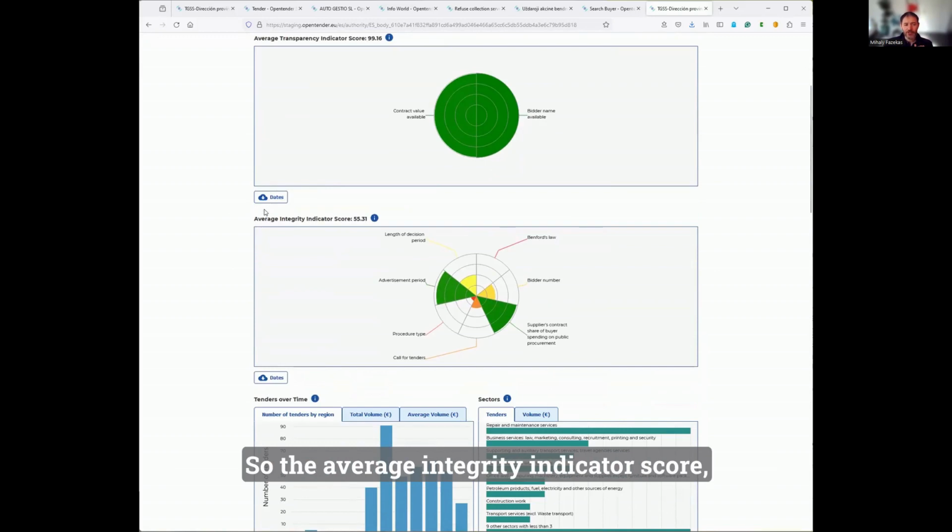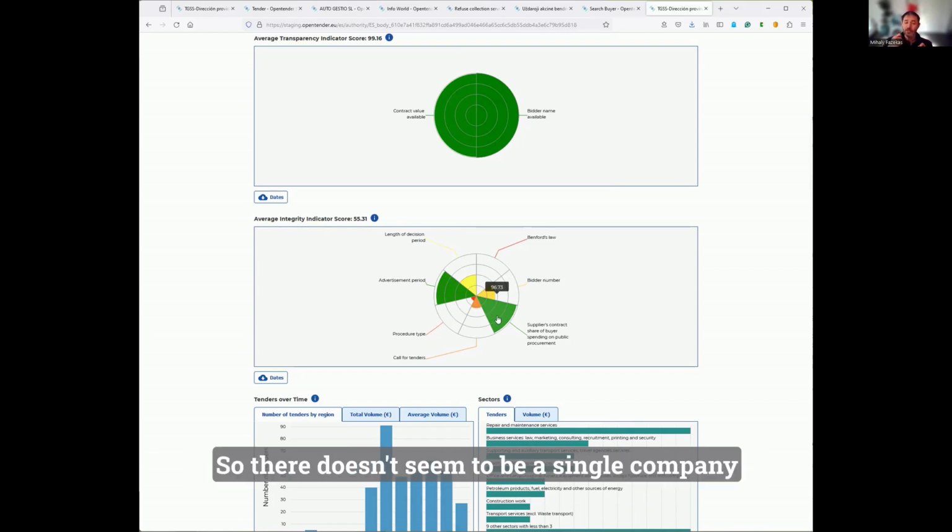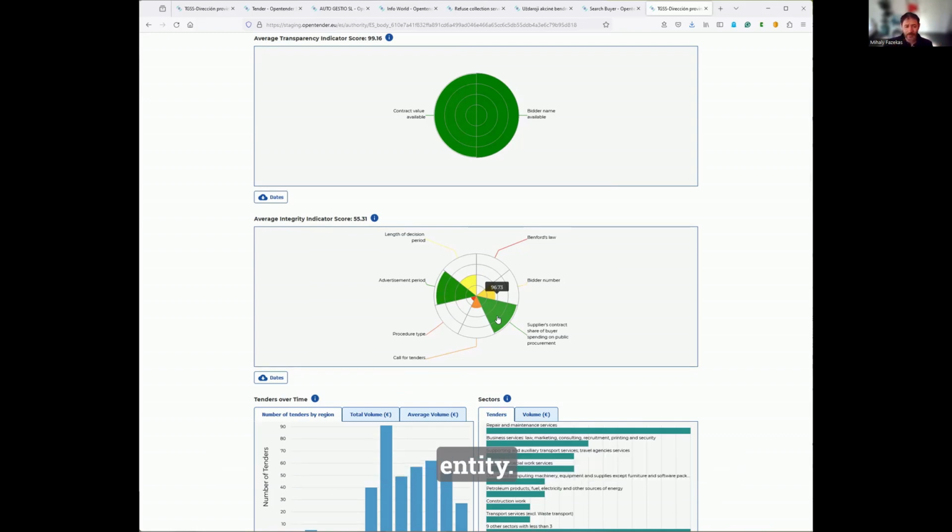Now, let's see what these different elements tell us. The average integrity indicator score, this sort of pie chart, gives us a sense of which integrity dimension is more or less risky. Okay, so suppliers' contract share is green, it's 96, it's very high integrity, so there doesn't seem to be a single company dominating all contracting activity of this entity.